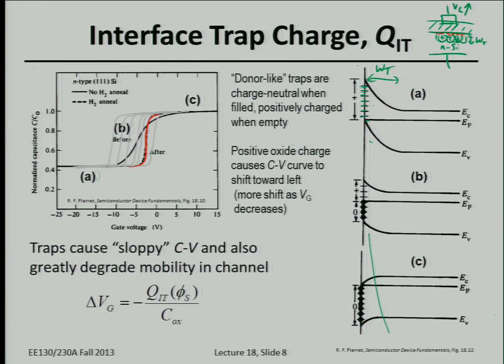But if you're actually adding negative charge as you increase the gate voltage, rather than shrinking the depletion width, you're actually adding electrons to the interface. Then you're not going to change the depletion width as much as you normally would have, right? So the change in charge in the silicon is not coming from changing the depletion width, it's actually coming from trapping more electrons at the interface.